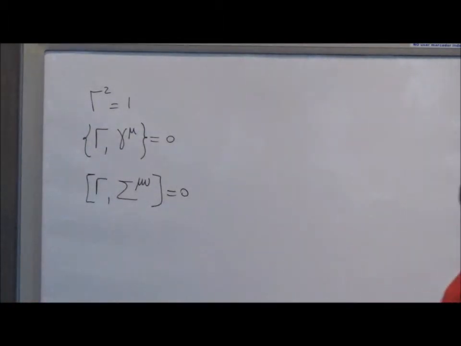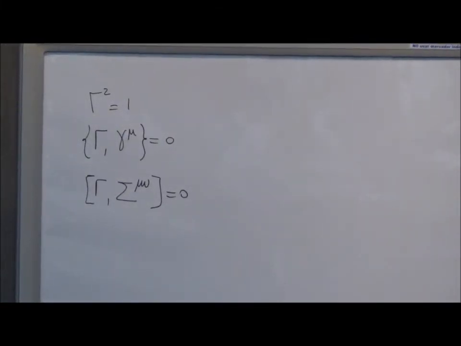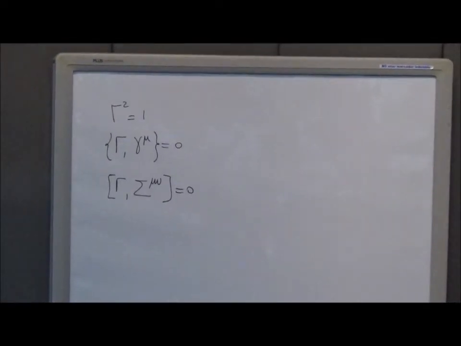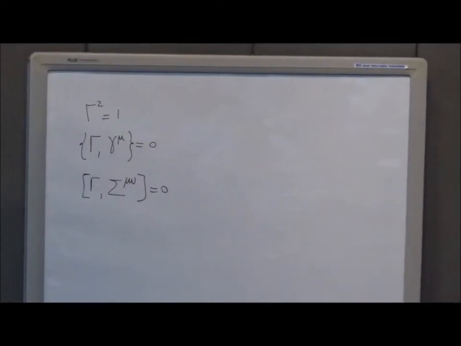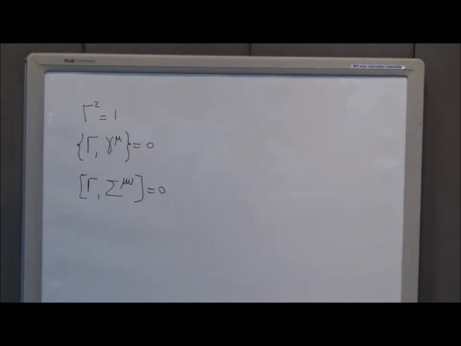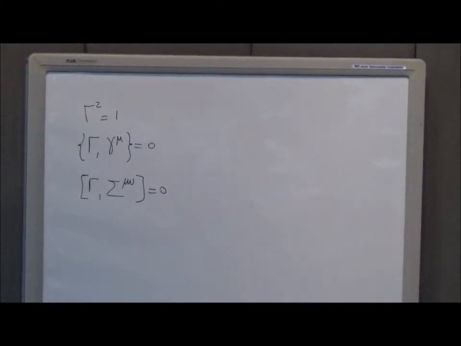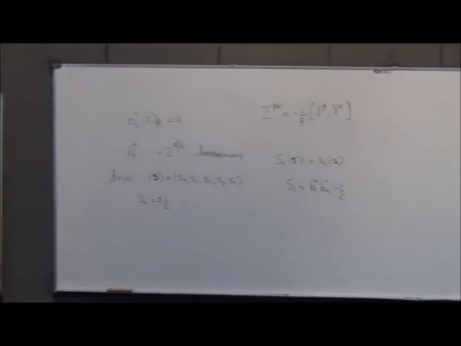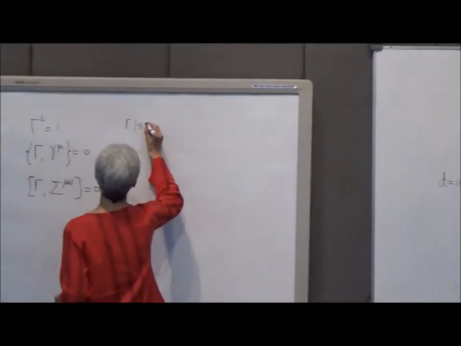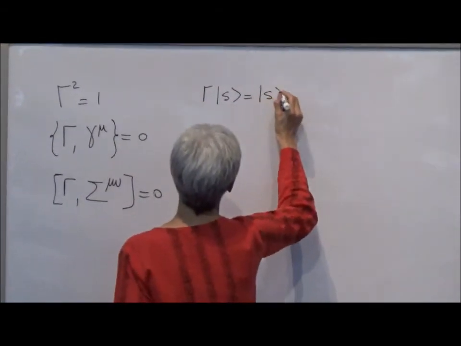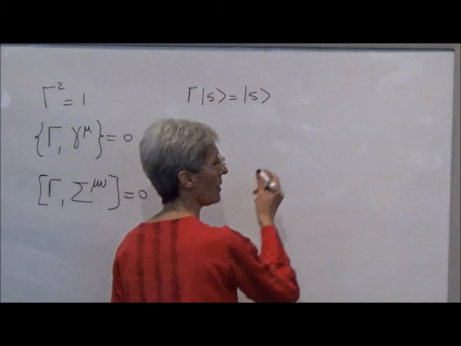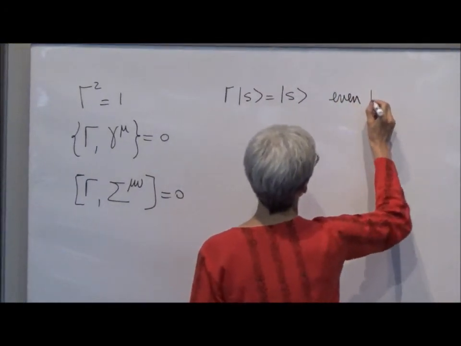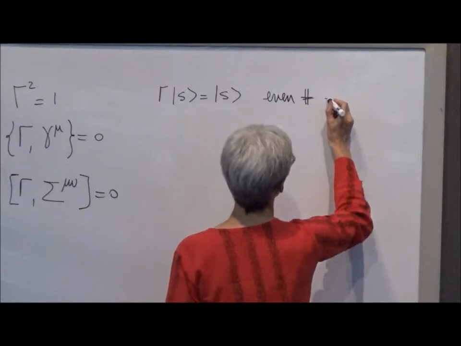So this gamma matrix has eigenvalues plus or minus 1. And it is diagonal, and it takes value plus 1 when the s_a include an even number of minus a half, and minus 1 otherwise. So gamma acting on s gives plus 1 if there is an even number of minus a half.